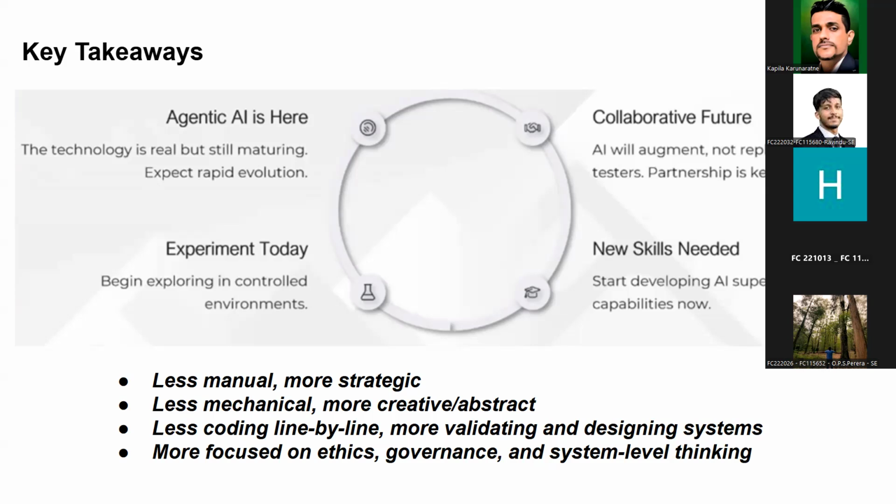More focus on ethics, governance, right? System level thinking, advanced thinking. So what does it mean? Previously we have done a lot of mechanical manual work. Ideally, humans should not do non-human work, right?